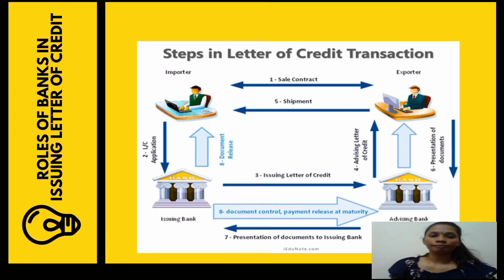Let's see some example roles of banks in issuing a letter of credit for international trade. The most common instrument used for payment and shipping control is a letter of credit issued by the bank of the buyer in favor of the seller.